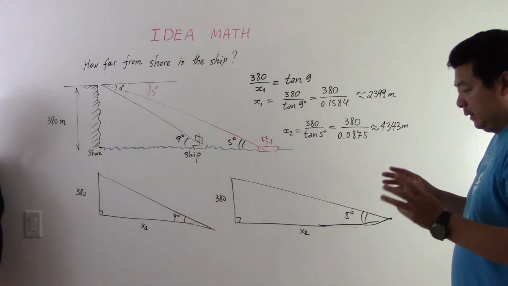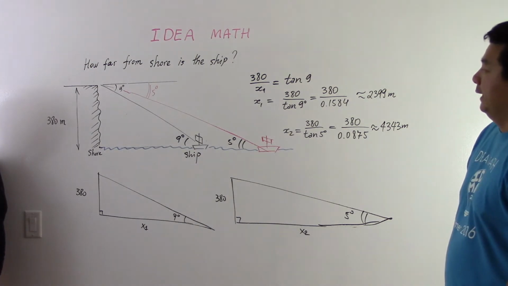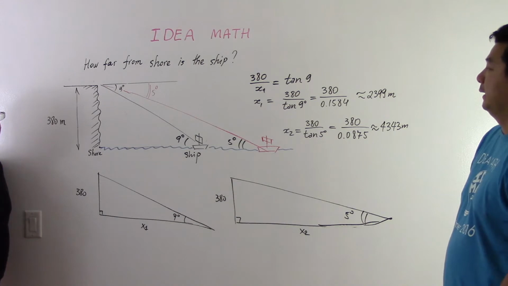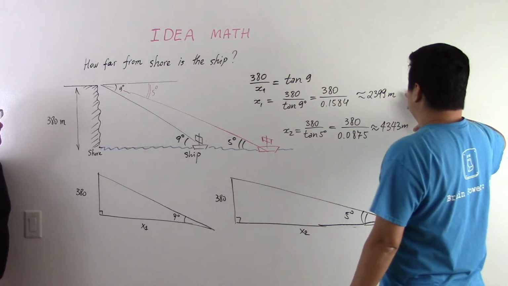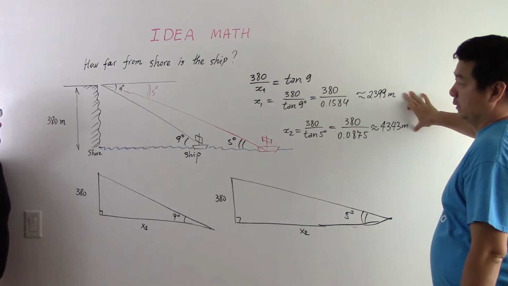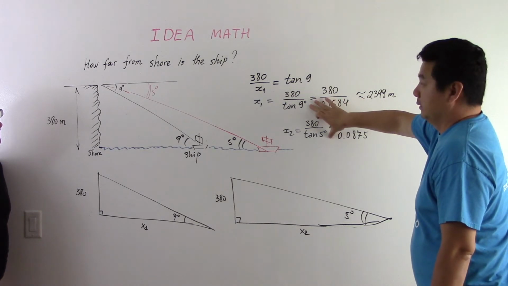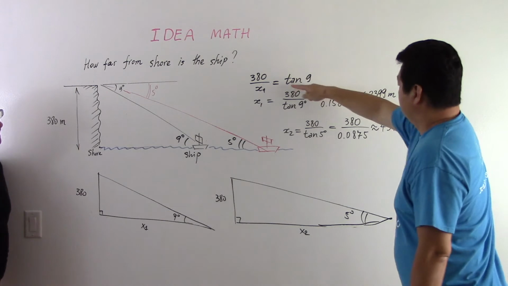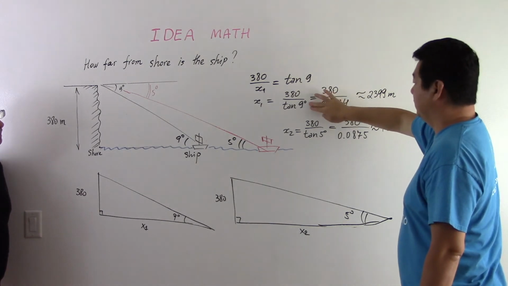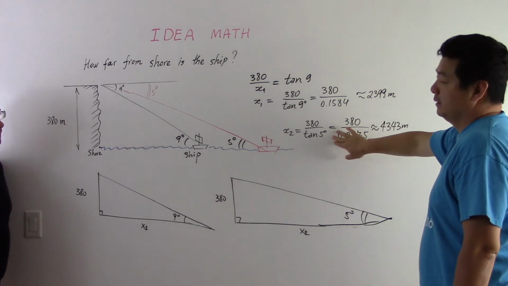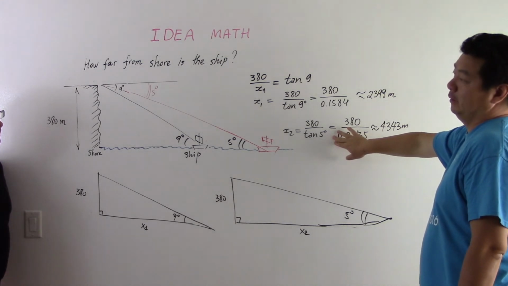So before we move on to other exercises, you guys have to understand one very important thing. The ratio of these two numbers is the ratio of the two tangent values, because if you divide, the 380 cancels out, and it is between tangent 9 and tangent 5, right? But this is not equal to what? 9 over 5.